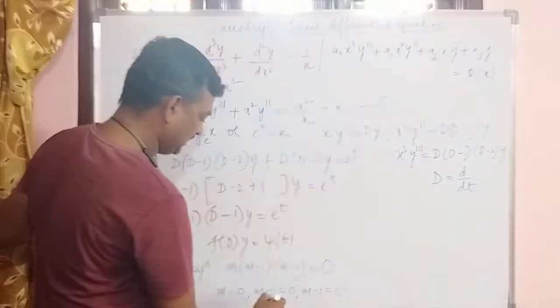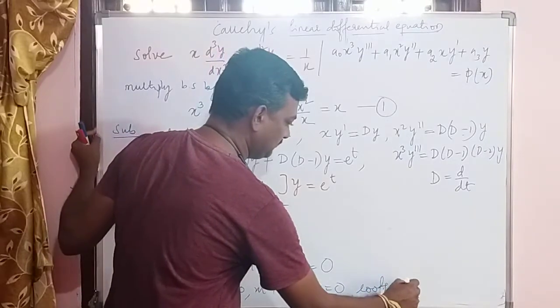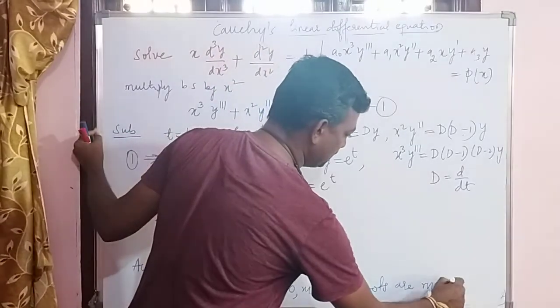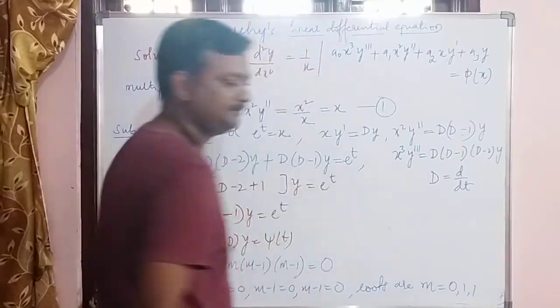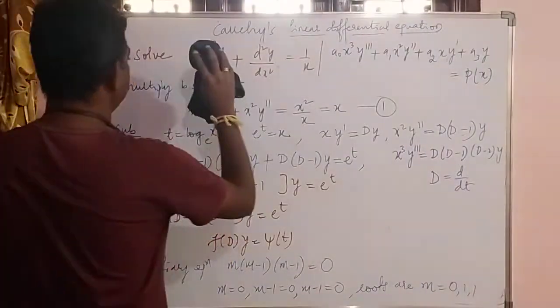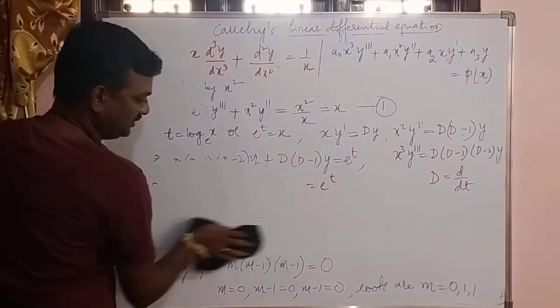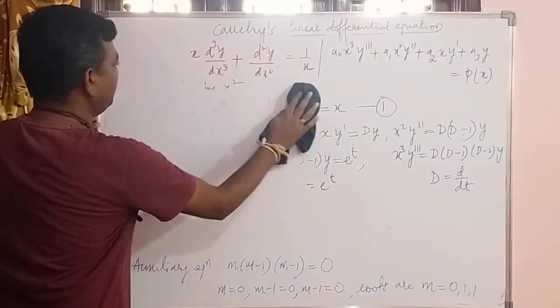So the roots are m is equal to 0, 1 and 1. Now let us find the particular solution, or before that we have to write the complementary function.